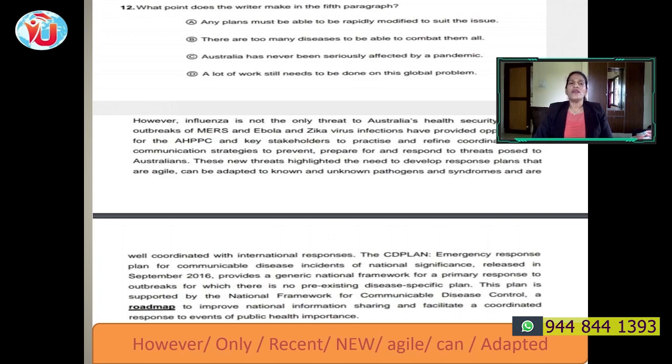What do you look for here? You look for the contrast, comparing, synonyms, all these things you look for. So I have highlighted some of those which I identified. However, only recent, new, agile, can, adapt.